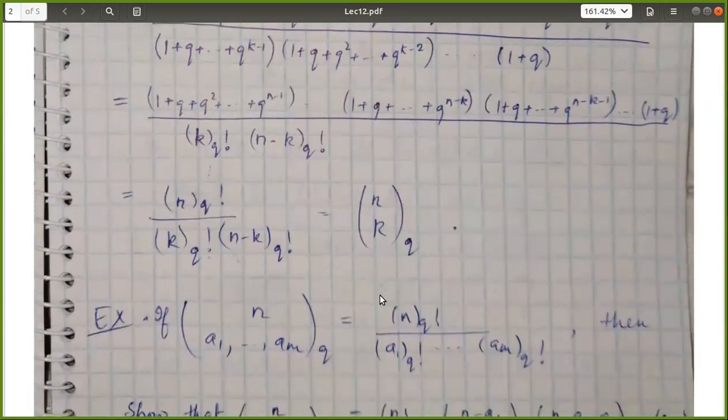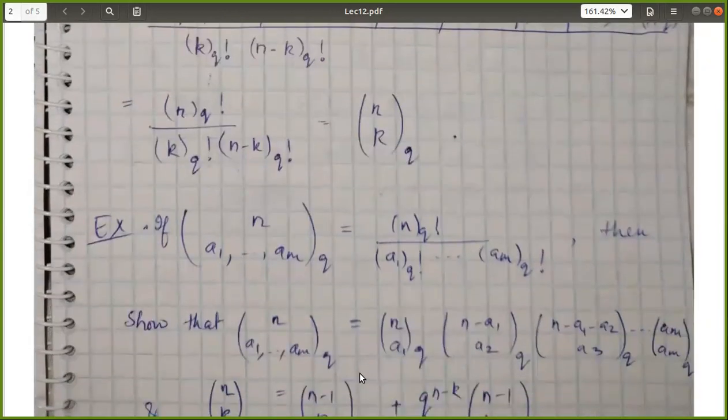Exercise in this line: if this is defined to be this, which is the q multinomial coefficient, we have already talked about this, then show that the q multinomial coefficient can be written as the product of these q binomial coefficients. So all these are binomial coefficients, right?